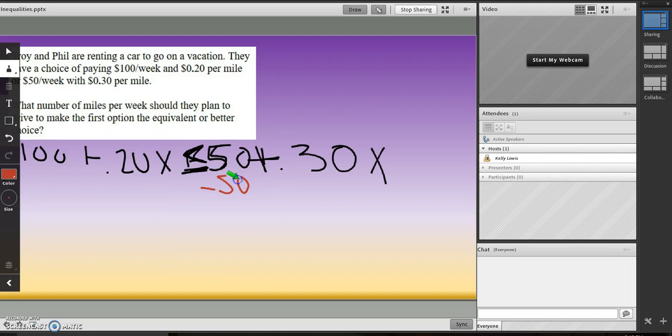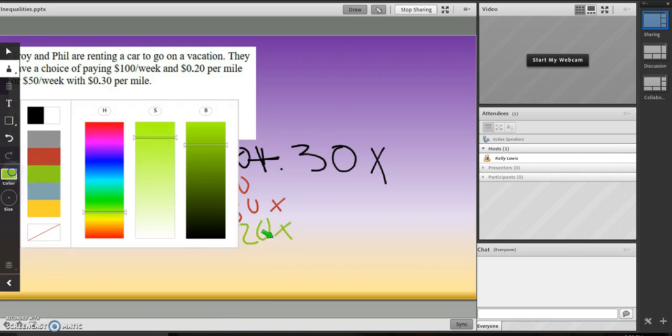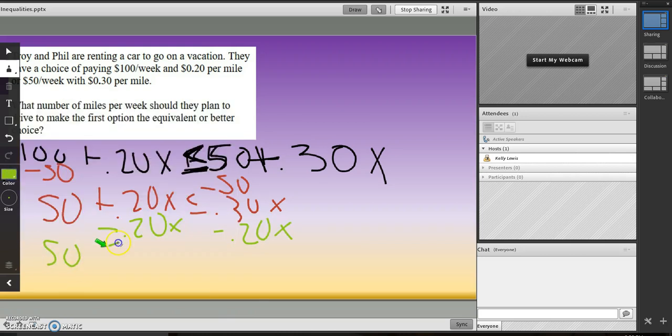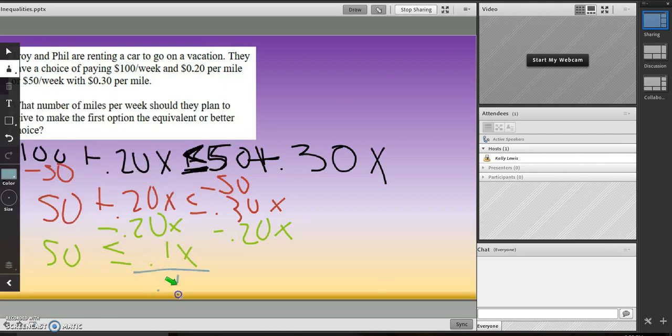Let's subtract 50. So I get 50 plus 0.2x, so 0.3x. Then I'm going to subtract 0.2x. I get 50 less than or equal to 0.1x. And I need to divide by 0.1.